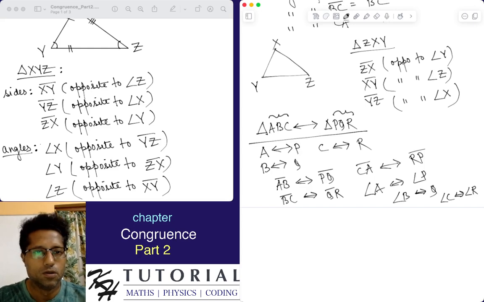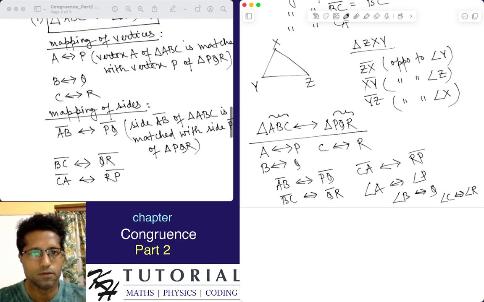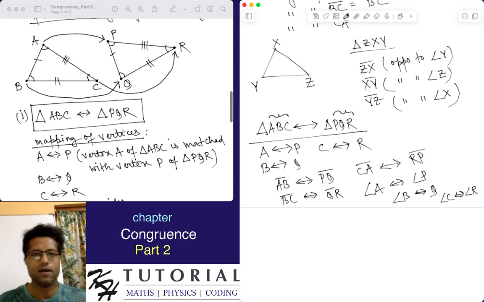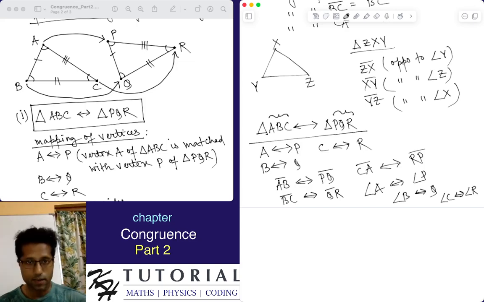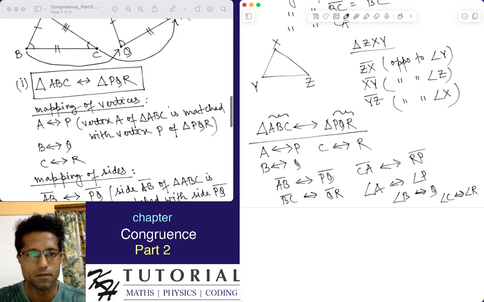Now, in the notes you can see that if we have these two triangles ABC and PQR, and if I'm expressing a mapping or correspondence between these two triangles as triangle ABC is mapped to triangle PQR, where the ordering of the letters ABC and PQR is very important, then we will get vertex A mapped to vertex P, vertex B mapped to vertex Q, vertex C mapped to vertex R. This is the mapping of vertices.